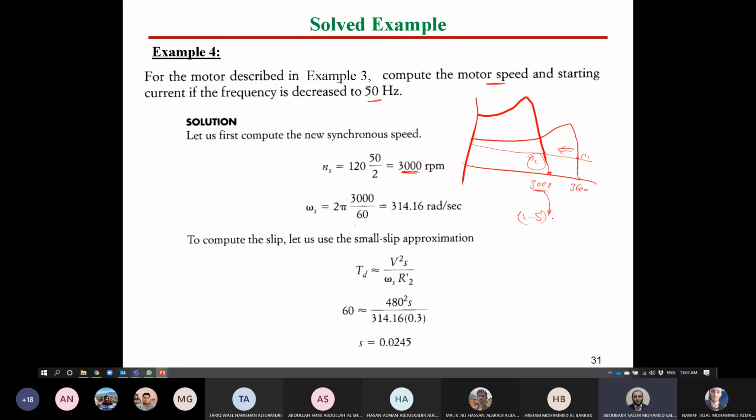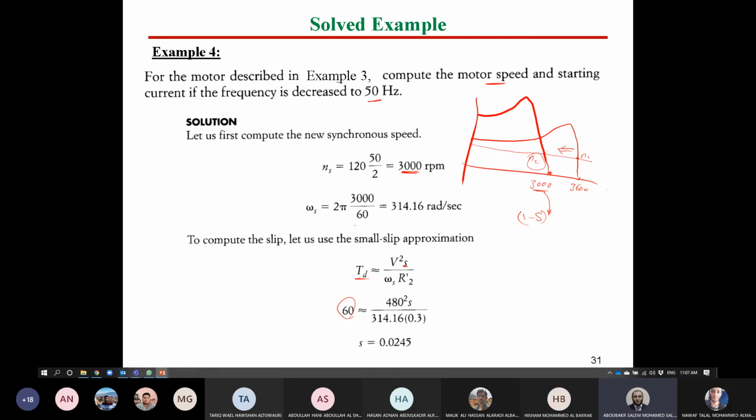In order to calculate the motor slip, we have the torque. The load torque given is 60 Newton meters. And you know this part of the characteristic is linear, so we can apply the linear relation between torque and slip. For that, we can calculate the value of S.